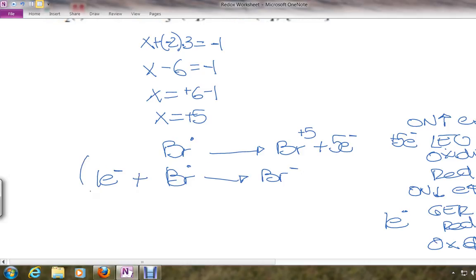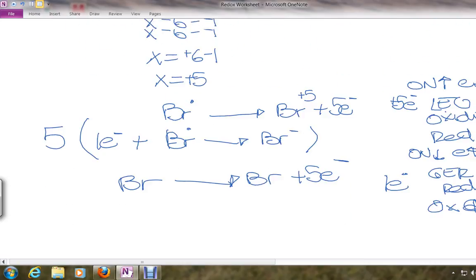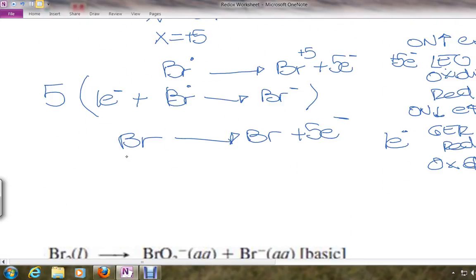So you need to multiply the second half reaction by 5: bromine plus 5 electrons gives 5 bromide.